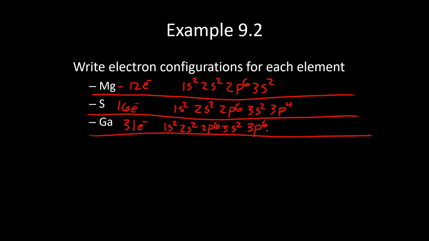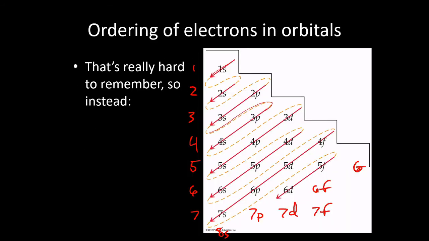So what's after the 3p? It's very tempting to say 3d, but 3d is not next. 4s, remember this is where they start to get out of order. Up to this point, everything was just in order based on the principal quantum number. But now the 4s gets in front of the 3d, and from this point forward, they're all kind of mixed up.